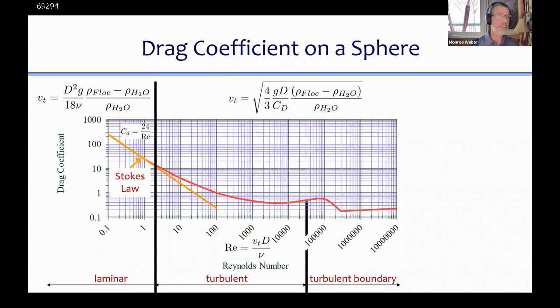For the specific case where we have laminar flow, we can replace the coefficient of drag with 24 over the Reynolds number, and we can replace the Reynolds number with the velocity times the diameter divided by the kinematic viscosity. And when you do that, velocity shows up on both sides of the equation, but happily, you can easily factor it out again.